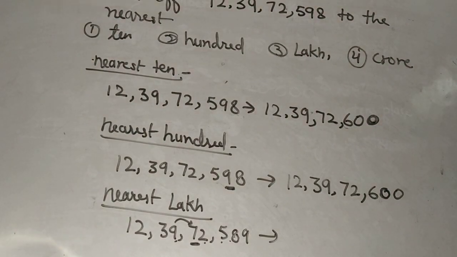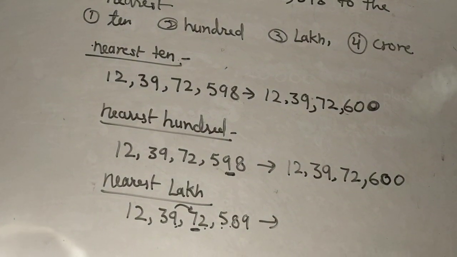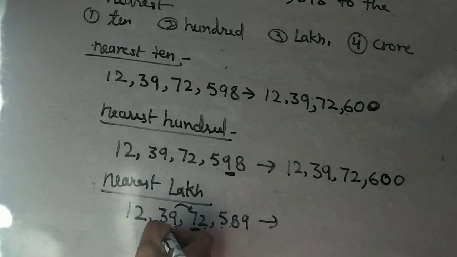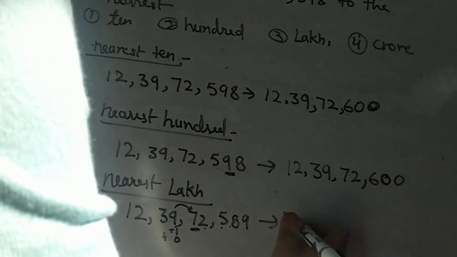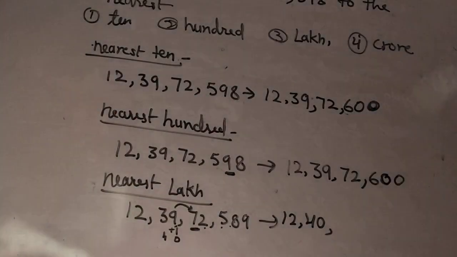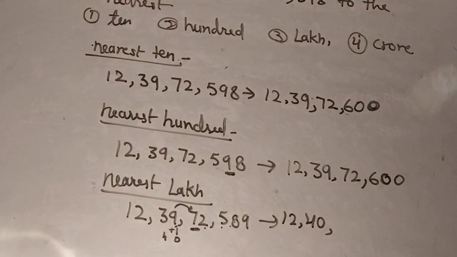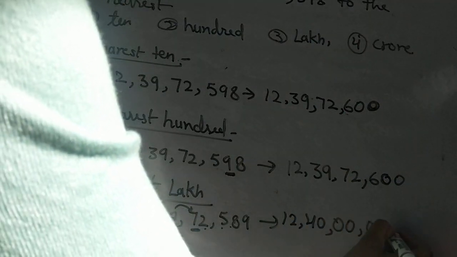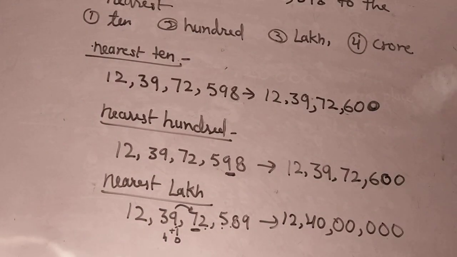So we will add 1 to the lakh place, which is again 9. Add 1 here, this is 40. So 12, 4, 0. And change all the digits to the right of the lakh place to 0. 1, 2, 3, 4, 5 places will be changed into 0.